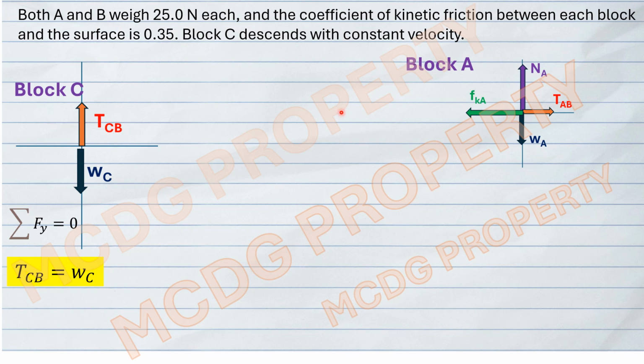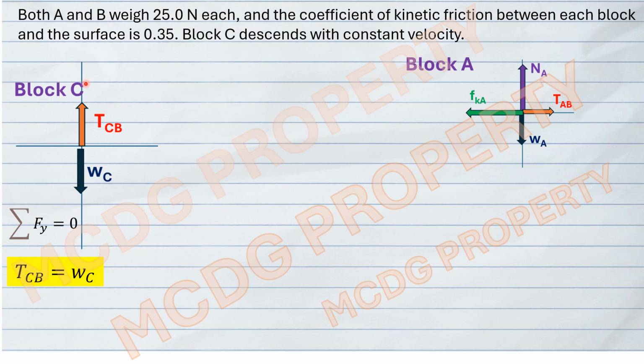The condition is that block C descends with constant velocity. If block C descends with constant velocity, then blocks A and B will also be moving with constant velocity. Hence, we apply Newton's first law of motion, which is the total net force acting on each block will be equal to 0, because all the blocks will be moving with constant velocity.